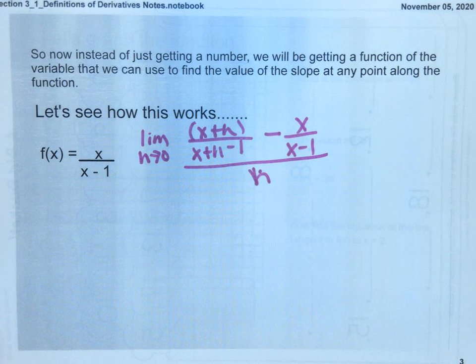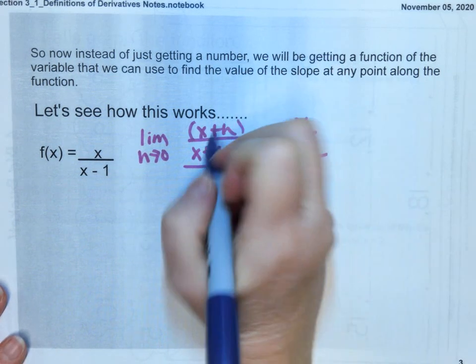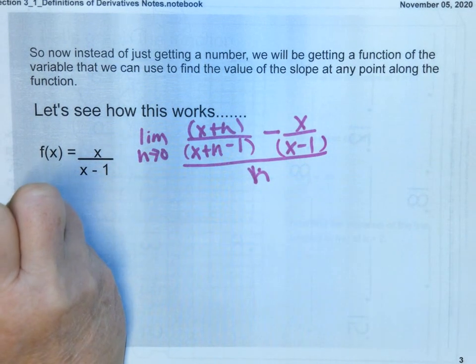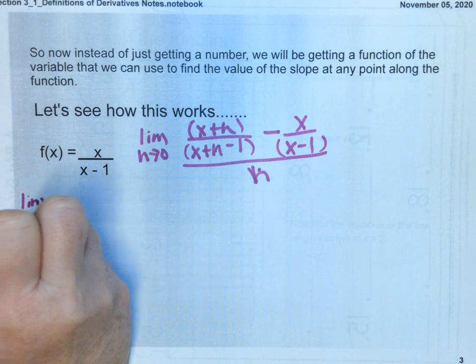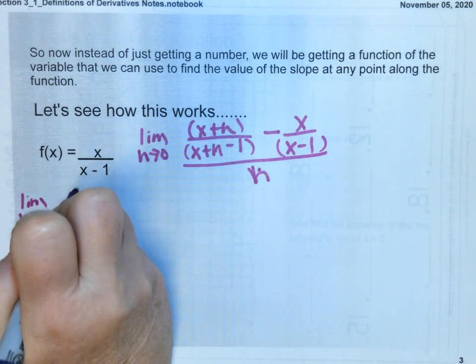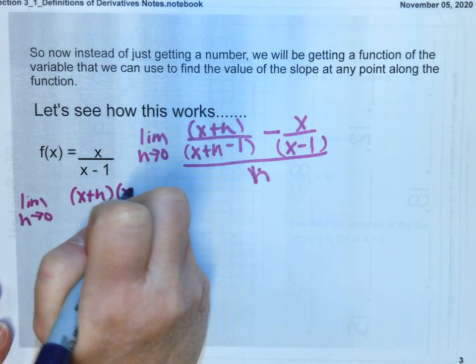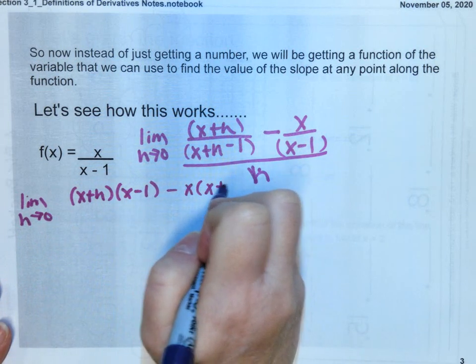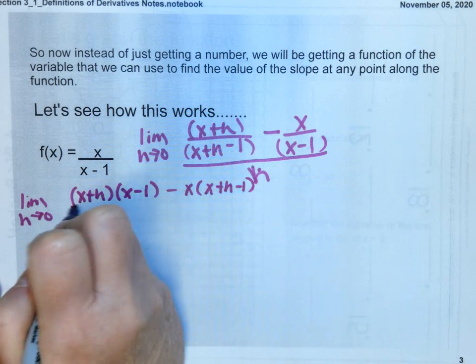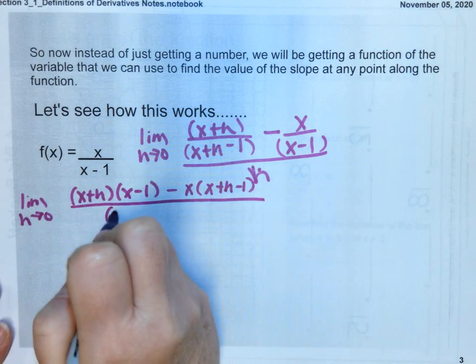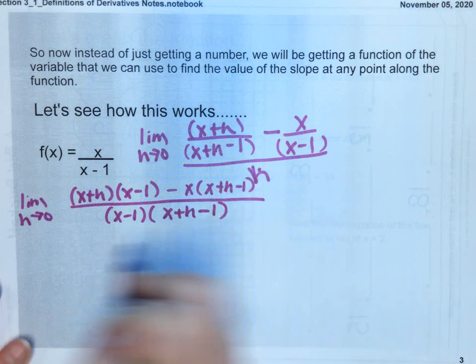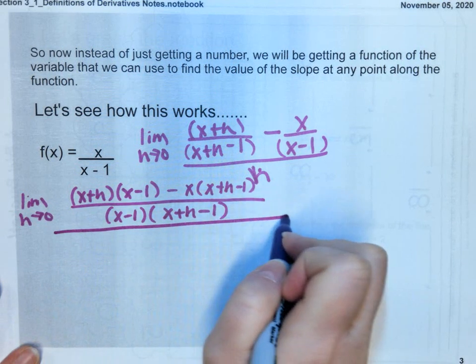So now, yes, we get to do fractions, and yes, we get to find a common denominator. My common denominator is the product. So now I have the limit as h approaches 0 of x plus h times x minus 1, minus x times x plus h minus 1, all over x minus 1 times x plus h minus 1, again, all of that over h.